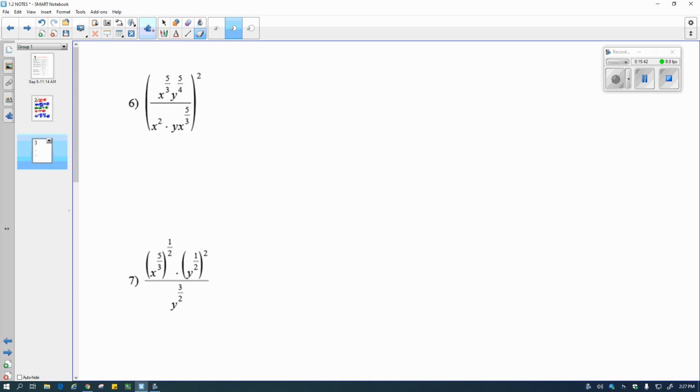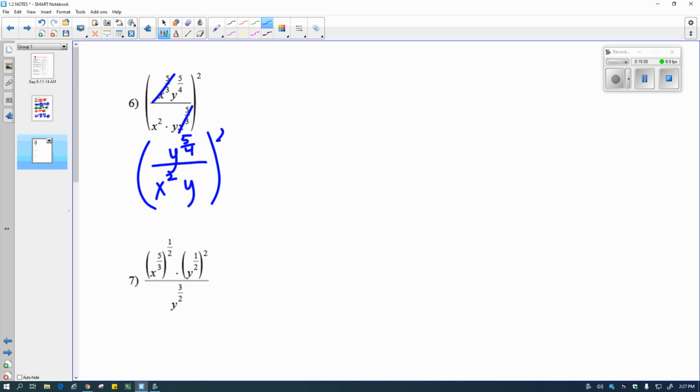If I had been paying a lot of attention or right away saw that, looked closer, took the time to look a little closer, I would end up with y to the 5/4 over x squared y all squared.